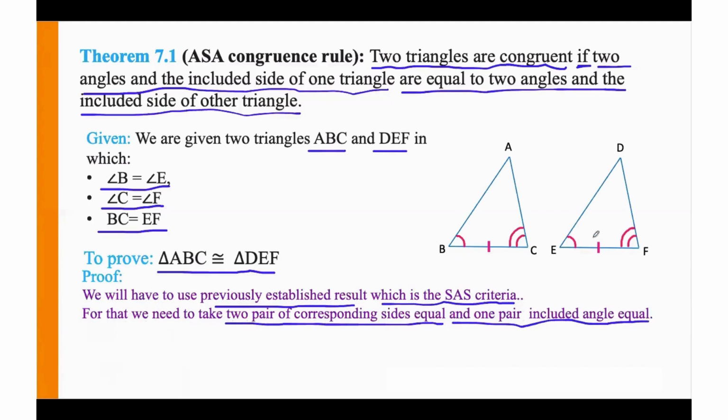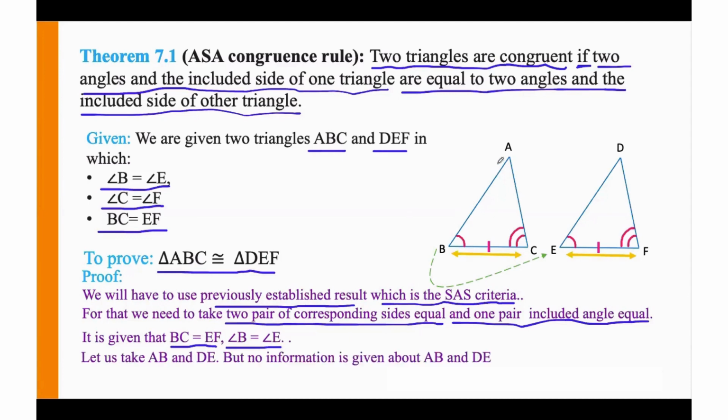Now if we see here in this case, we have BC is equal to EF and we have angle B equal to angle E. So let us take this side AB and DE. But if we are taking AB and DE, we must understand that no information is given to us about this side AB and DE, whether they are equal or not.